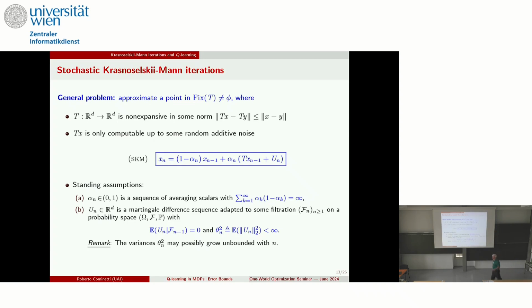And this is essential. We must allow variances to grow to infinity, because this is what happens in Q-learning. So Q-learning is exactly of this form, except that the noise may have a variance that grows with the iterations.